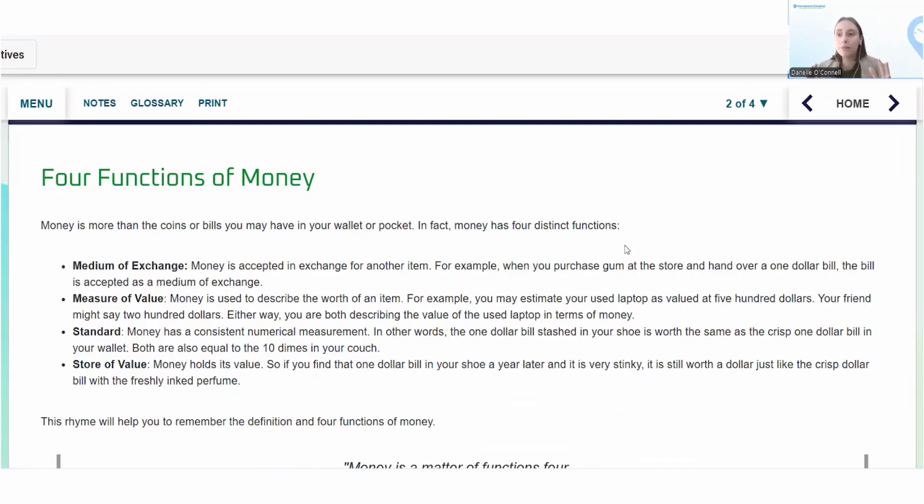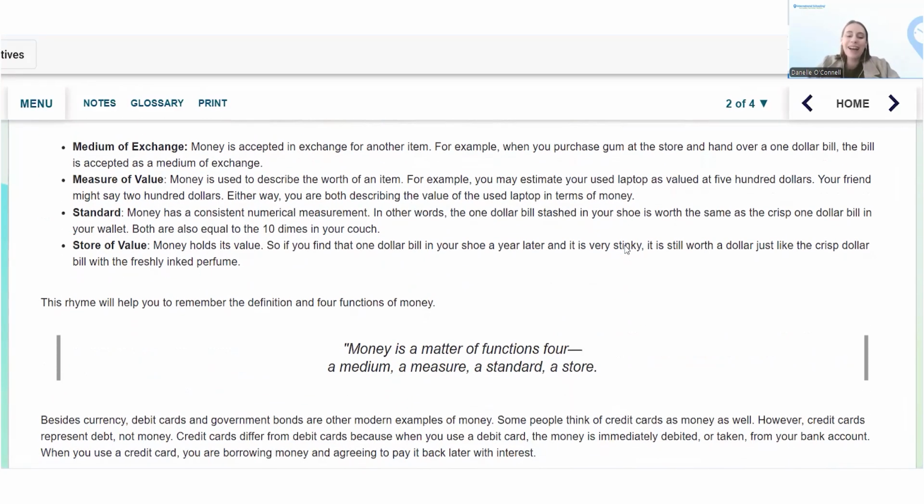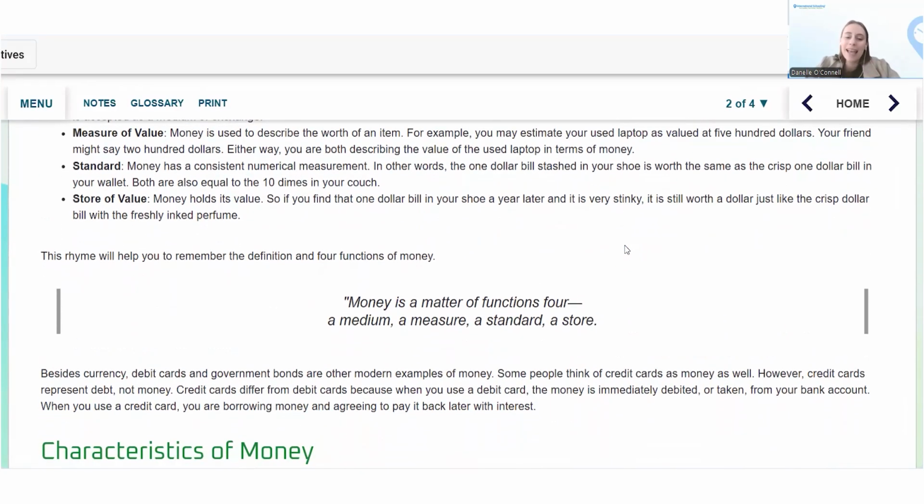Doesn't really matter. It's still $1. It still stores the same amount of value. Fantastic. So there's a little rhyme that we can learn to remember this, and it is money is a matter of functions of four. A medium, a measure, a standard, a store.